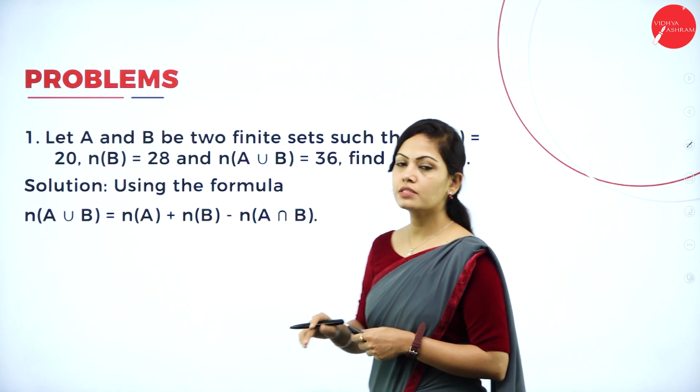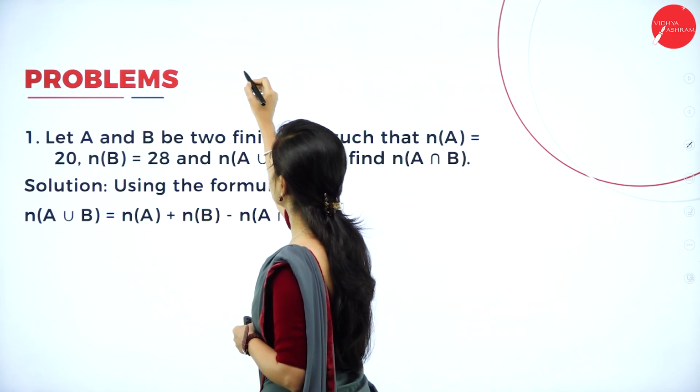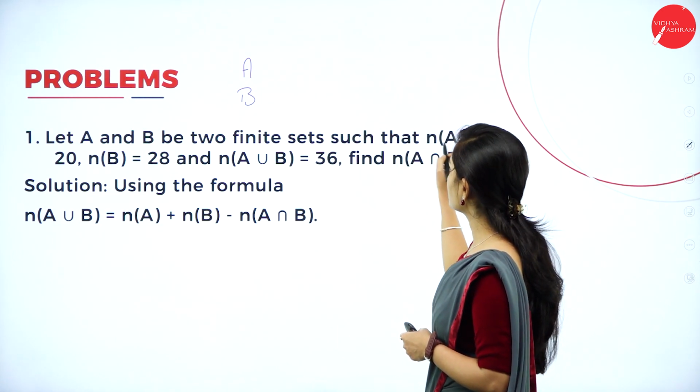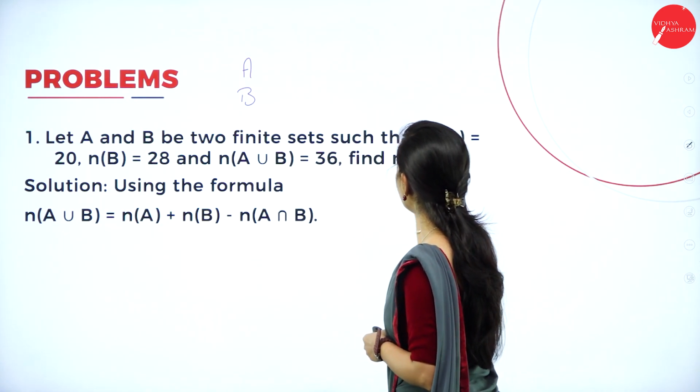So, first problem is, let A and B be finite sets. We have two sets, that is A and B, such that n of A is equal to 20.